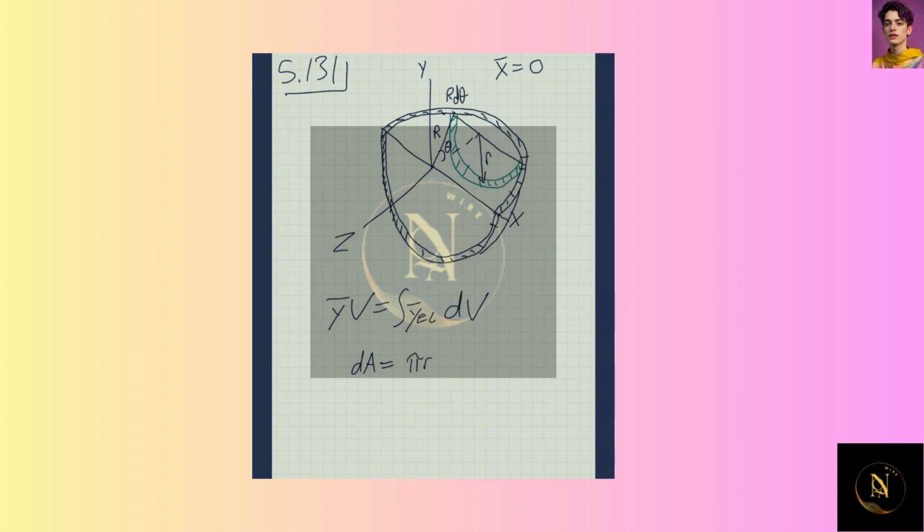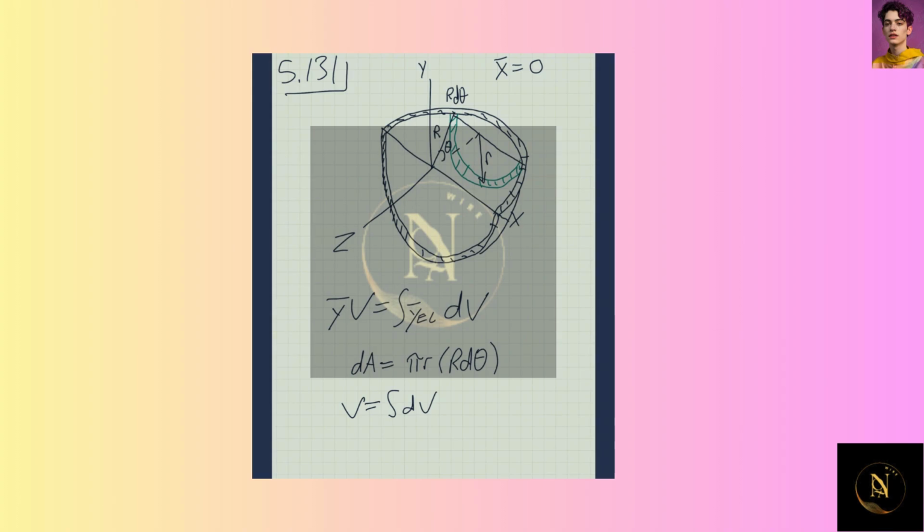and we can find that the differential area is equal to pi r, or a half circumference, times its thickness, which is capital R d theta.